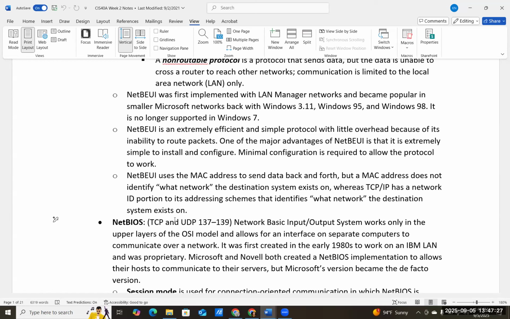They don't care whether you get it or not. There's no confirmation, and you often see UDP when you're streaming video or audio, like iHeartRadio, or when you're playing a YouTube video. It opens as it arrives, right?